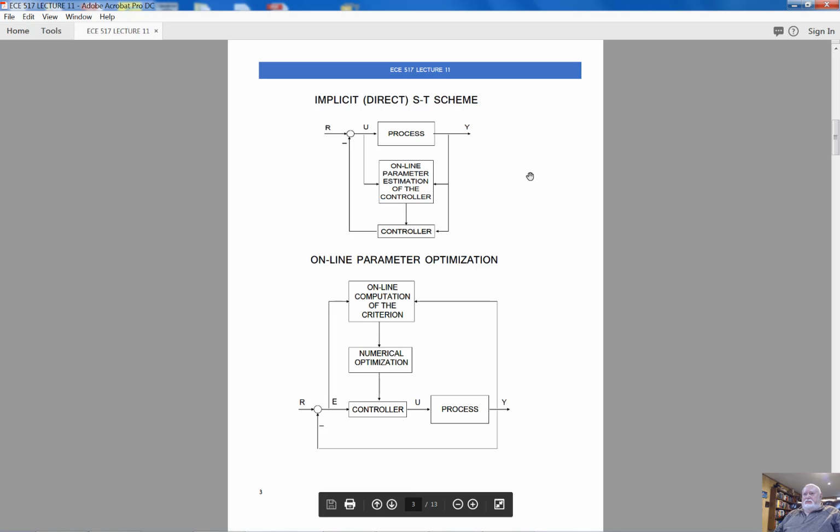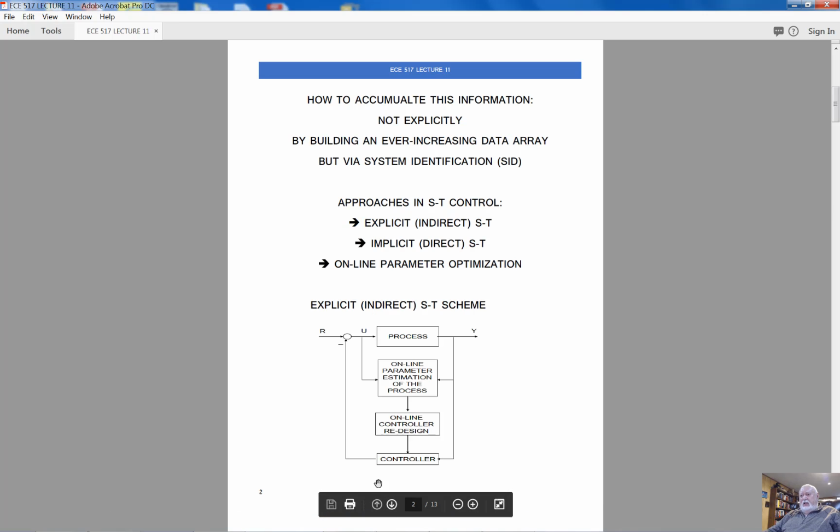And this diagram demonstrates the implicit or direct self-tuning scheme. Why do we call it implicit? Because take a look at the previous drawing.